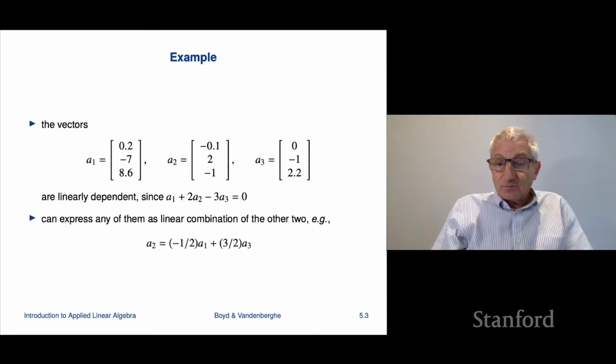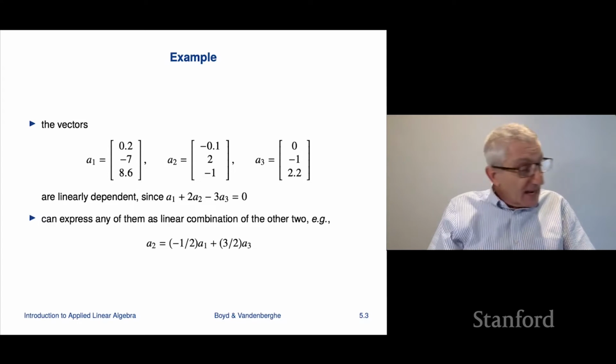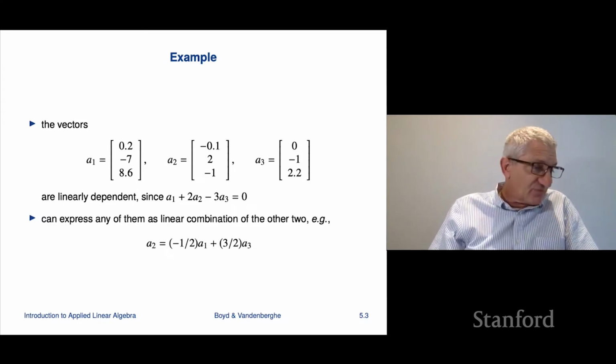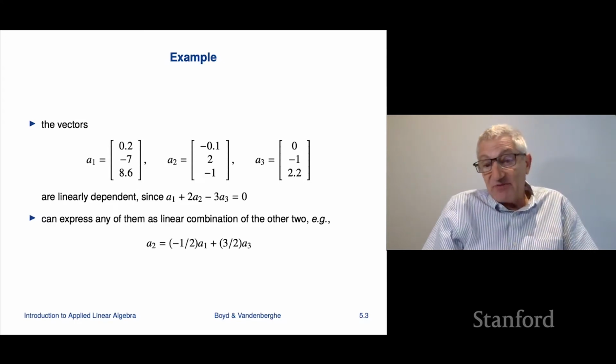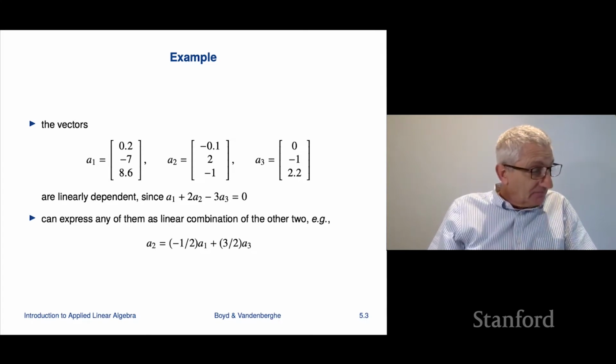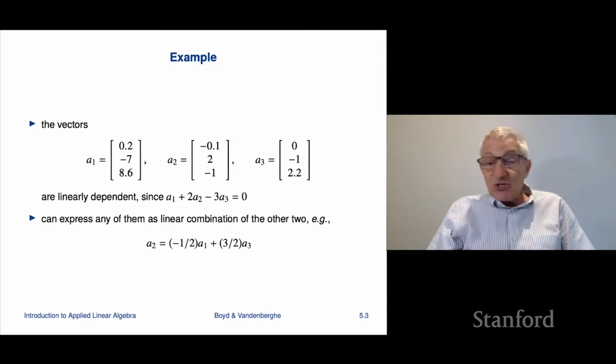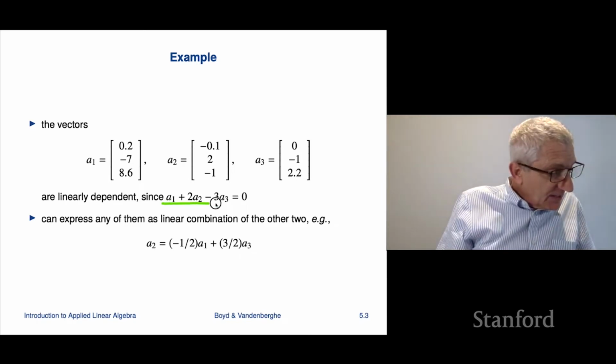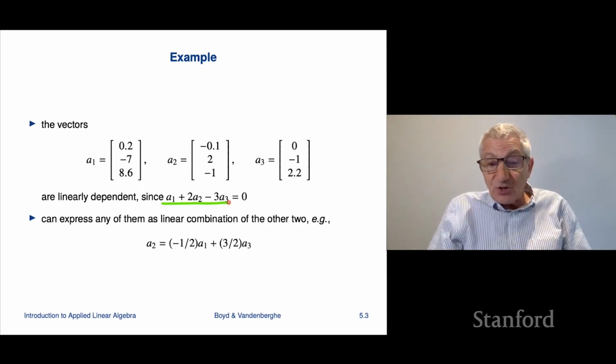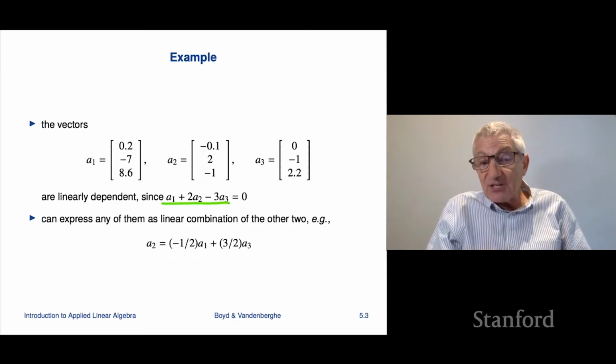Okay, so let's look at some examples. There's three vectors, A1, A2, and A3. And it turns out, in this case, here's a linear combination with non-zero coefficients. The coefficients are 1, 2, and minus 3.